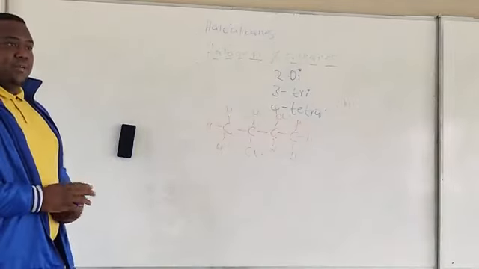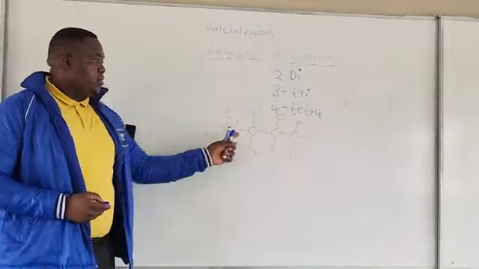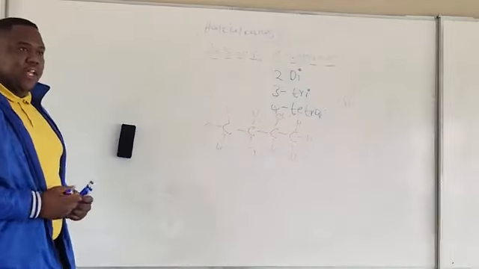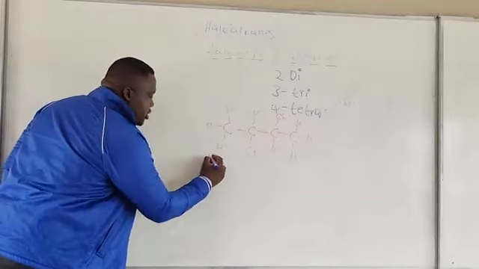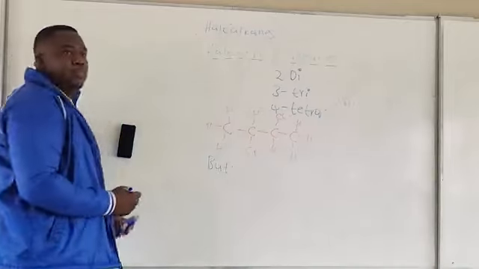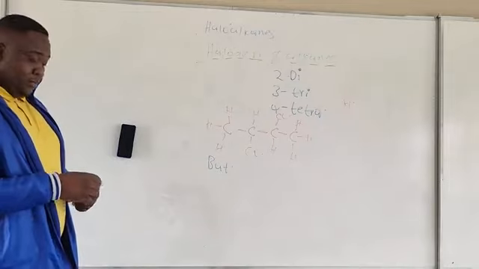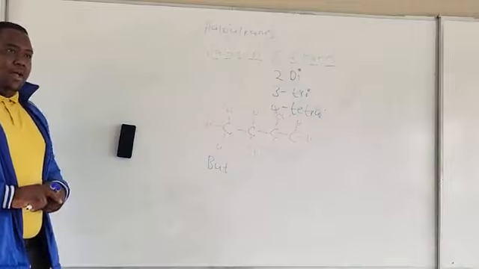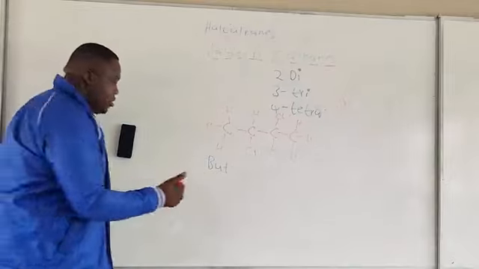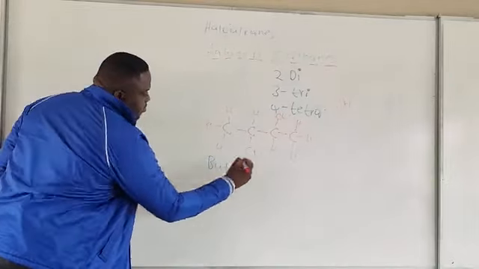Can you give the name of this one? How many carbons? 1, 2, 3, 4. It has got 4, right? What do we call 4 carbons? But. It's but, right? Then it is a butane. We're going to call it a butane.